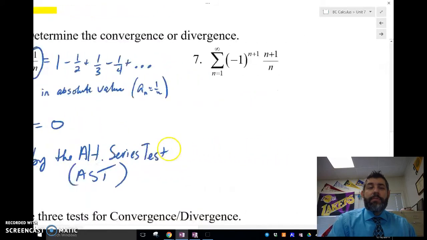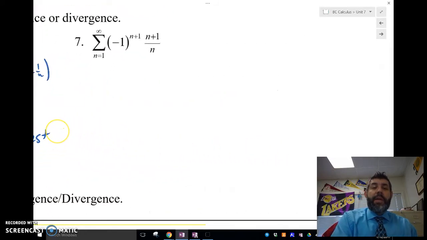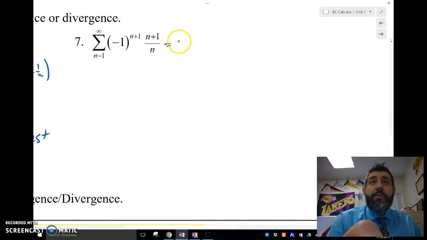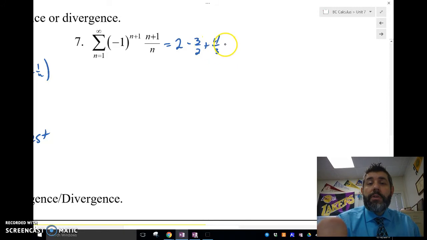Let's take a look at another one. Here we have an alternating series, so that's good. If we wrote these out, we'd have 2 minus 3/2 plus 4/3 minus 5/4, which do in fact decrease.